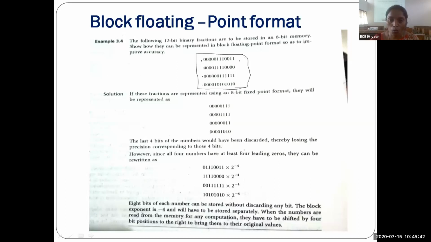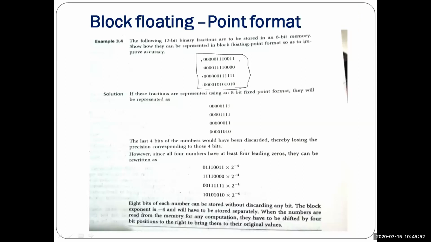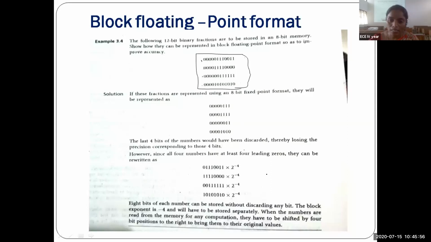Now tell me the answer: how to represent this 12-bit input data to be stored in 8-bit memory. So for fractional values generally we can neglect the least significant bits. See, total 12 bits are there, right?